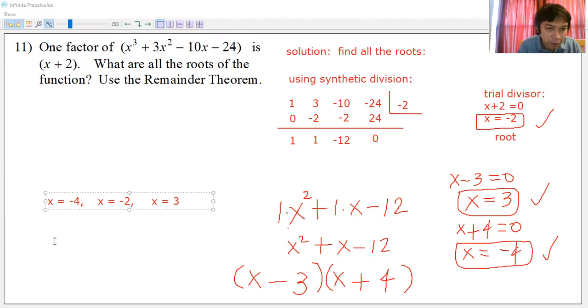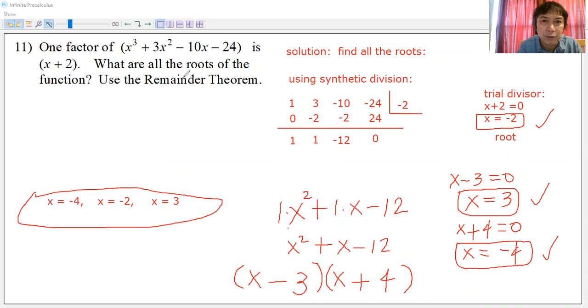These are the roots, okay? So these are the roots of the equation over here. We are asked to get all the roots, okay? So this will be the roots of the given long polynomial.